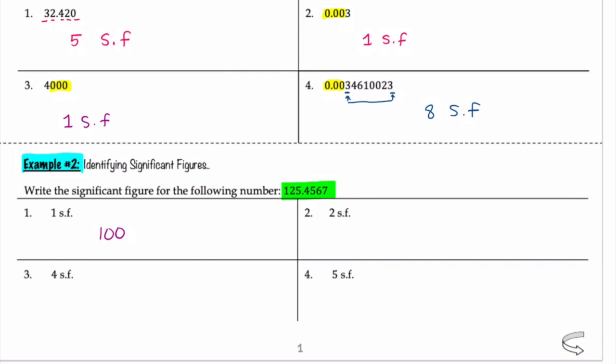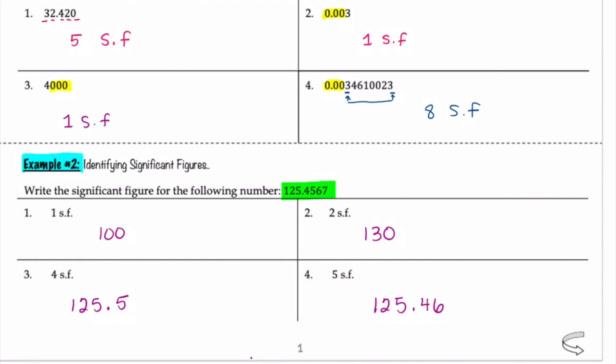For number 2, we want 2 significant figures. So our number would be 130. For number 3, we are looking to write 4 significant figures. So we will get 125.5. For number 4, 5 significant figures: 125.46. So nice and easy.